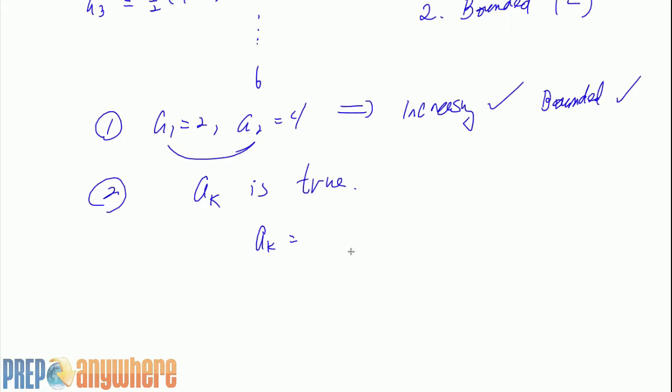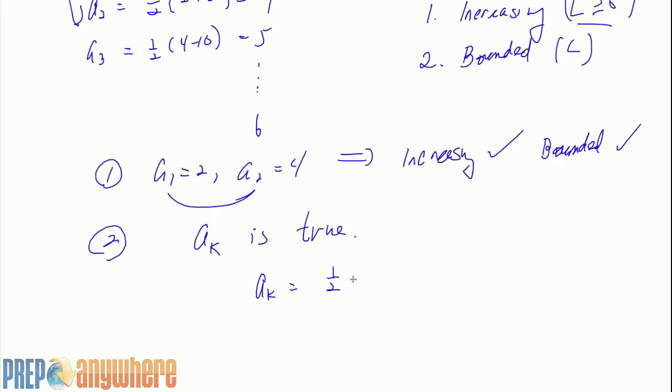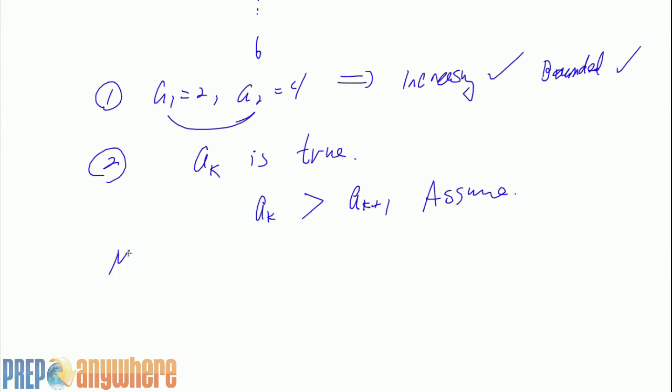Actually, let's assume this: AK is greater than AK minus 1. This is the assumption, we don't need to prove it. We just need to show that the next one is also true, AK plus 1 is greater than AK.